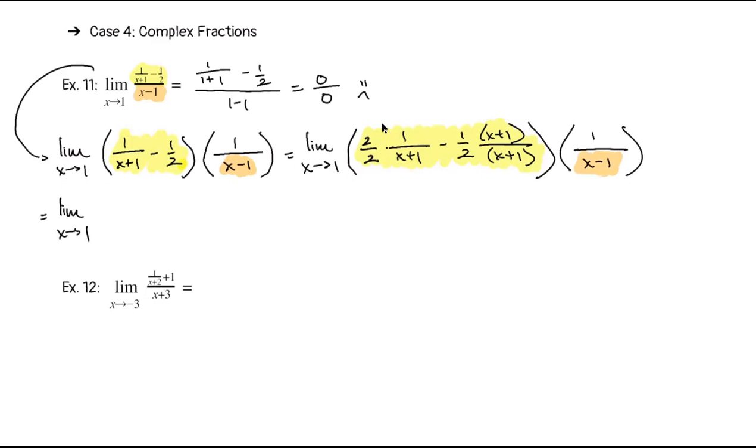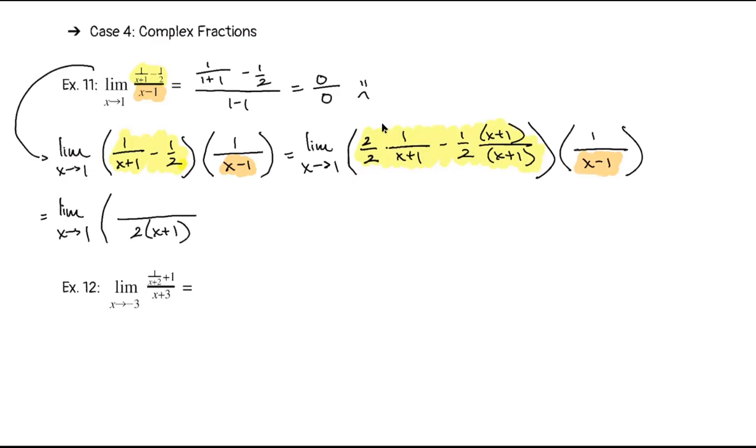All right, let's combine those two fractions in the yellow. We'll get 2 times x plus 1 on the bottom. That's my common denominator.